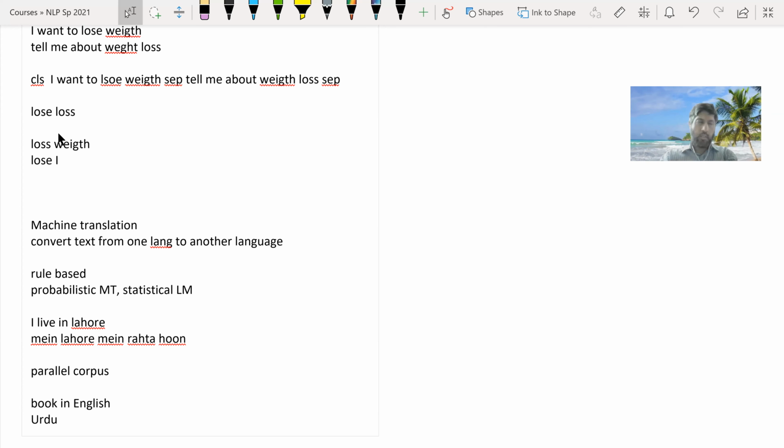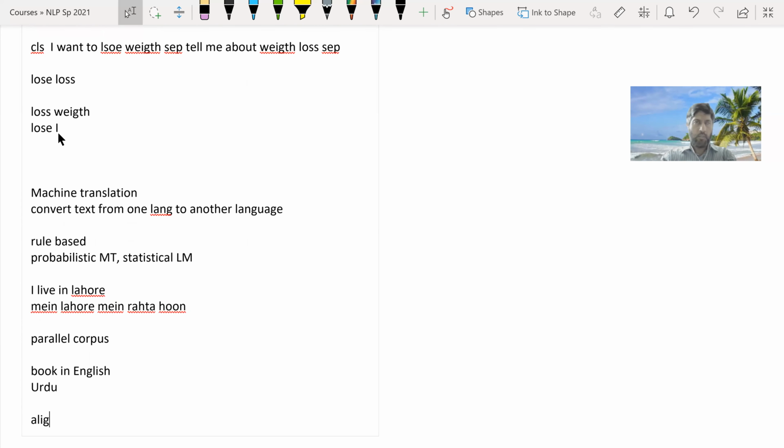So to generate reliable parallel corpora from such data, you'll need to do alignment. You need to make sure that the two sequences of words are aligned, meaning that the first sequence of words in English and the second sequence of words in Urdu are talking about the same thing.